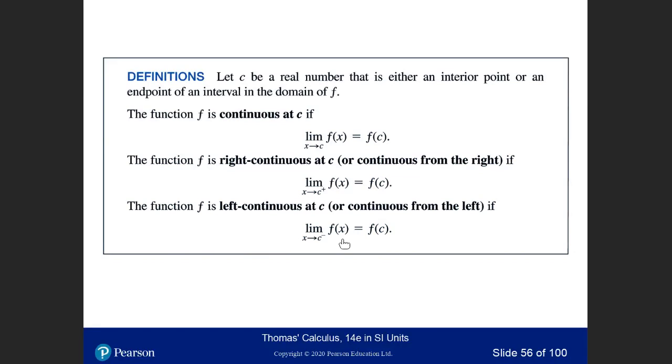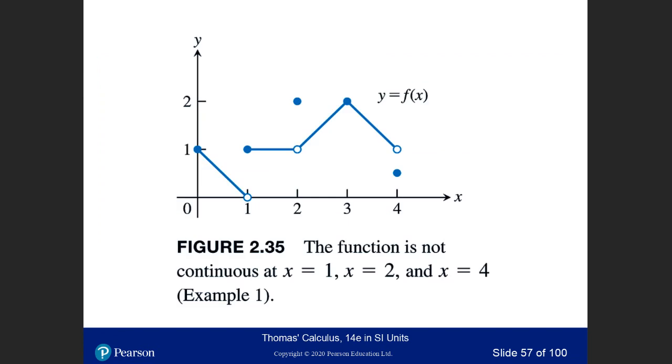Now, a function is continuous over an interval if it is continuous at all points, and you say that the function is continuous in this interval. Now let's check some continuity. This is an example that we have seen. We look at the limits at points 0, 1, 2, 3, and 4. So let's look at continuity.